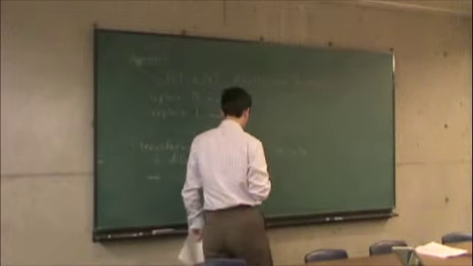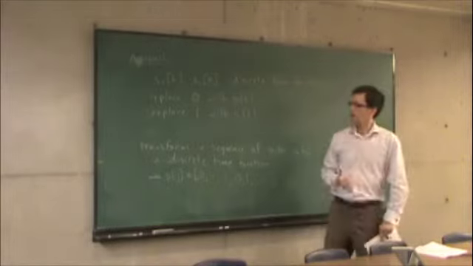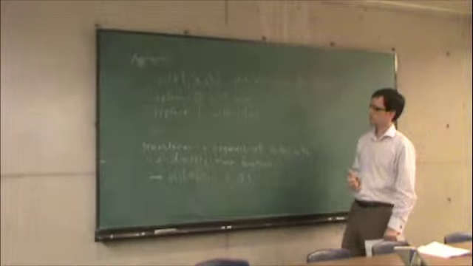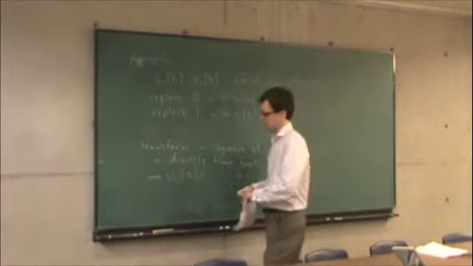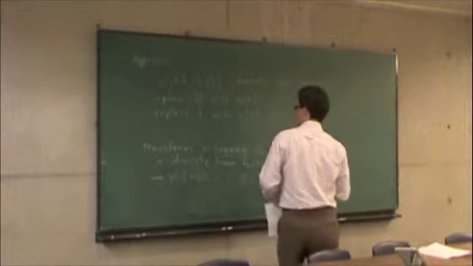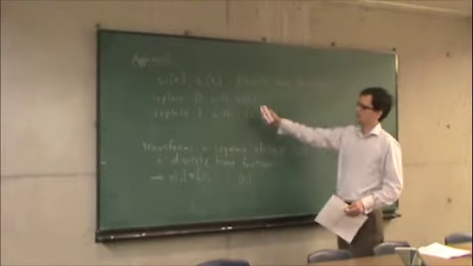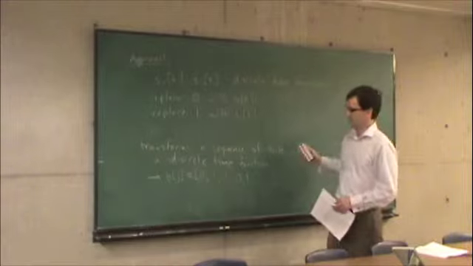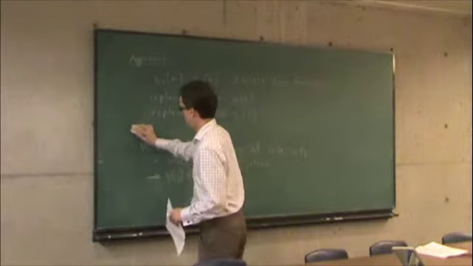In other words, wherever I see a 0, I'm just going to drop in S0. Whenever I see a 1, I'm going to drop in S1. So obviously these functions can be overlapping.